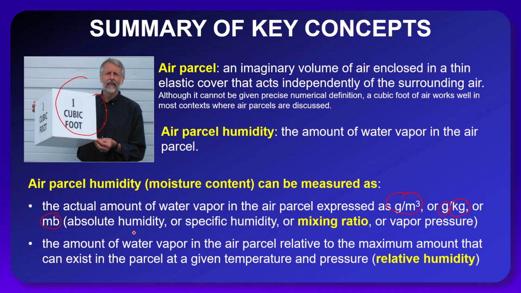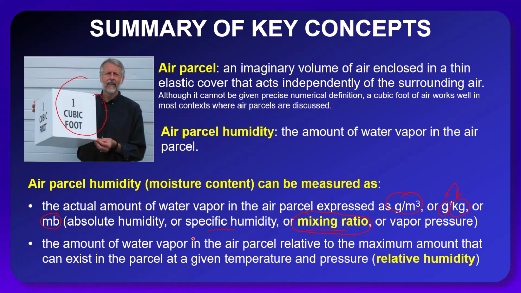So we talk about absolute humidity, specific humidity or mixing ratio. They both measure grams of moisture per kilogram of air, but the kilogram of air can be dry air, so the air without the moisture, or moist air, the air plus the moisture. Mixing ratio is what we're going to use today, and it's grams of moisture per kilogram of dry air.